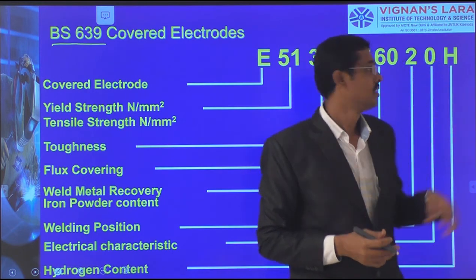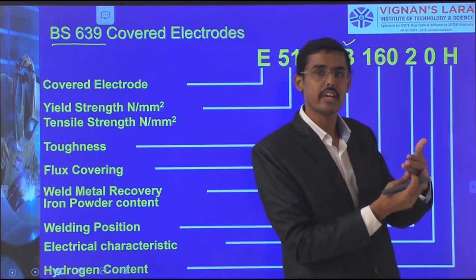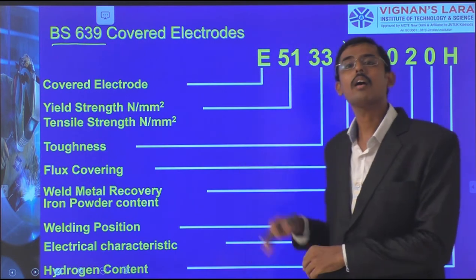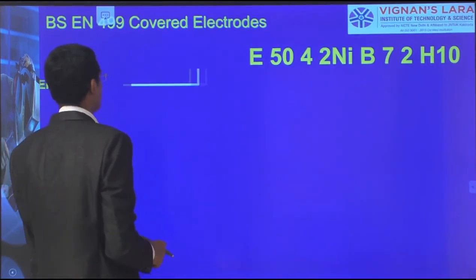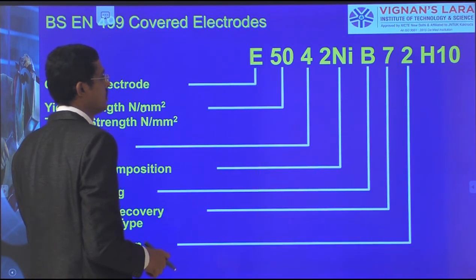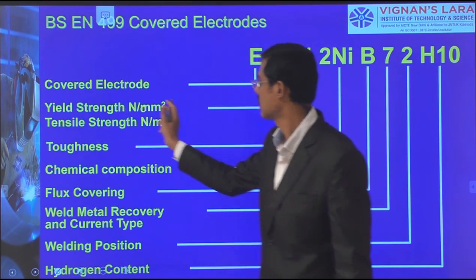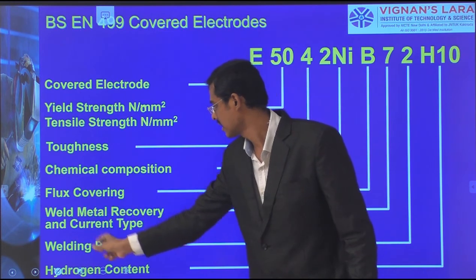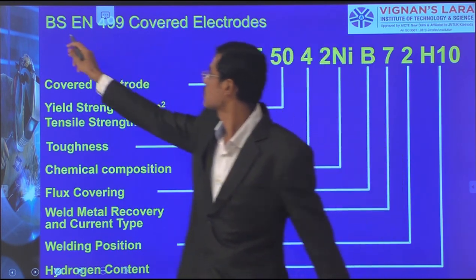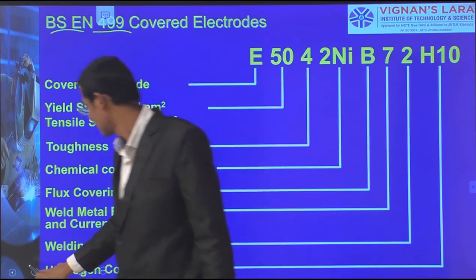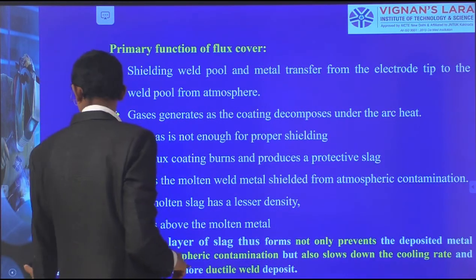For the electrode you have to see the specifications of how much hydrogen is there, and accordingly we should purchase. Less hydrogen content is preferred. Some other examples I have given similarly: covered electrode, tensile, toughness, chemical compositions, flux coverings, welding positions, hydrogen content. Some few examples with respect to British standard 499.